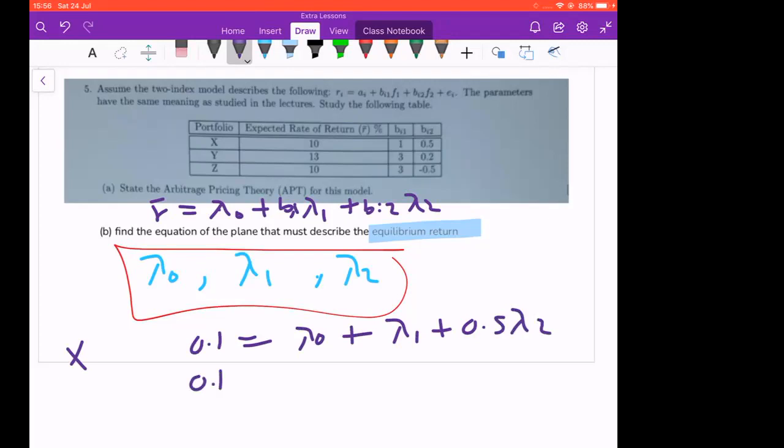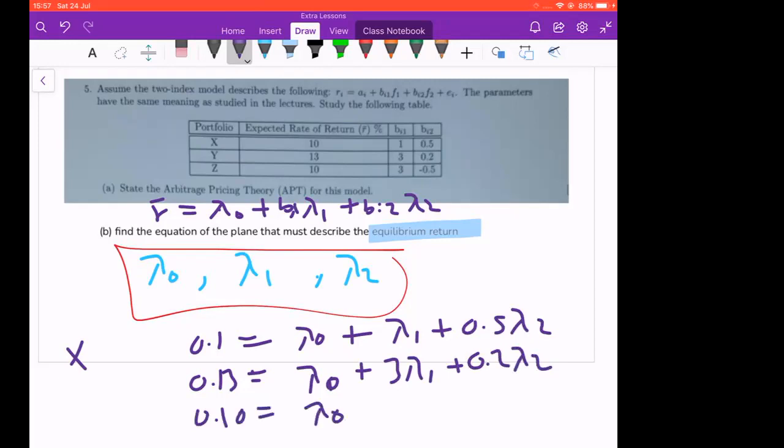And then 0.13 is lambda 0 plus 3 lambda 1 plus 0.2 lambda 2, and 0.1 is lambda 0 plus 3 lambda 1 minus 0.5 lambda 2.